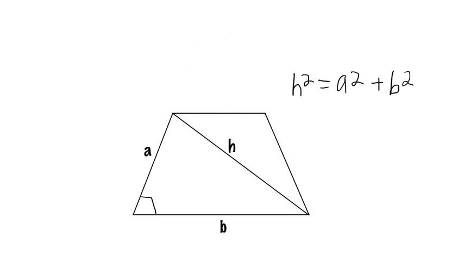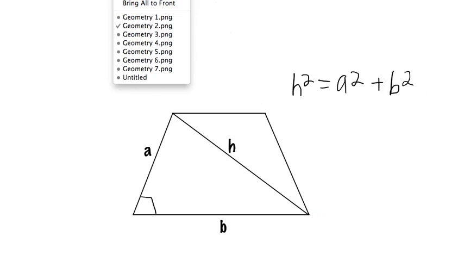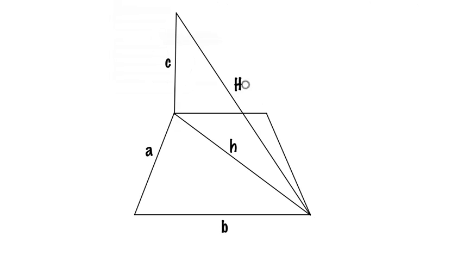But we can extend it to 3 dimensions, and here's how it works. Here we have a line perpendicular to the plane of the table, sticking up towards the ceiling. It's of length C, and now we have a new right triangle.